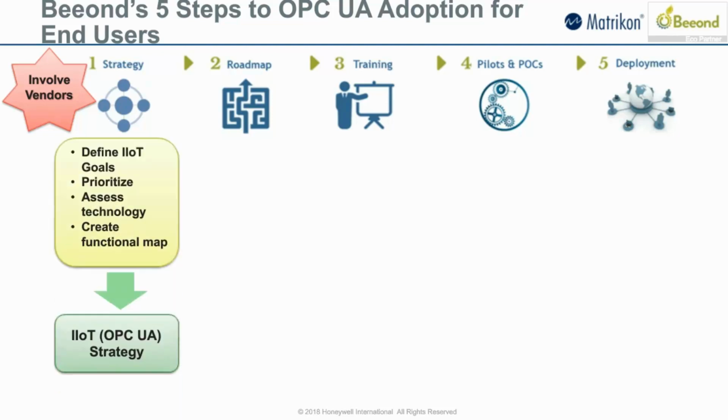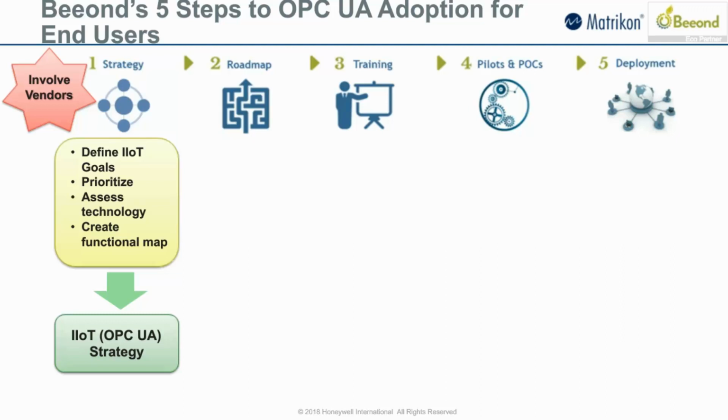The first step is strategy, and when I talk about years of time frame, I'm really talking about the rollout when you get down to step 4 and 5. So the first steps are typically shorter. We're talking weeks type of thing. First defining the strategy, which is a lot about goals, setting goals, prioritizing goals in terms of IIoT, where you want to go, what things you want to enable with IIoT.